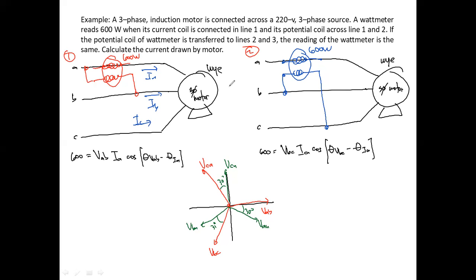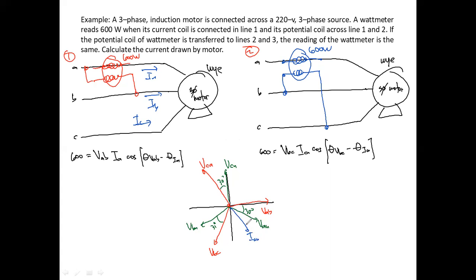Assuming that it has a lagging power factor of theta, the current lags behind the per phase voltage.